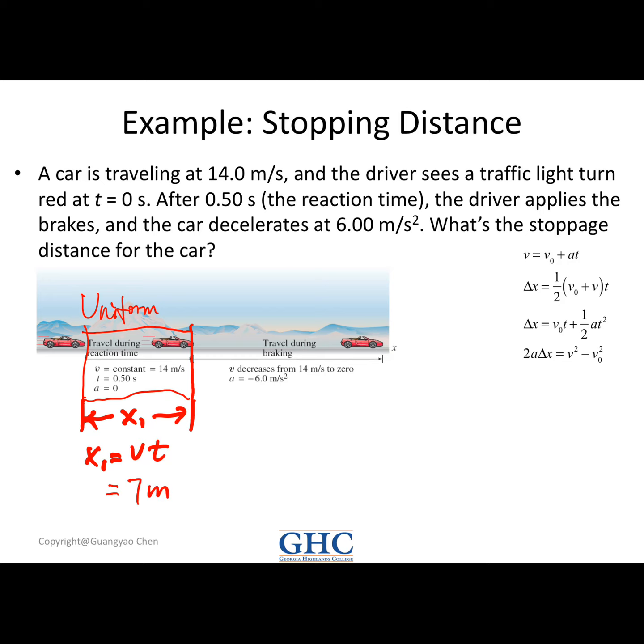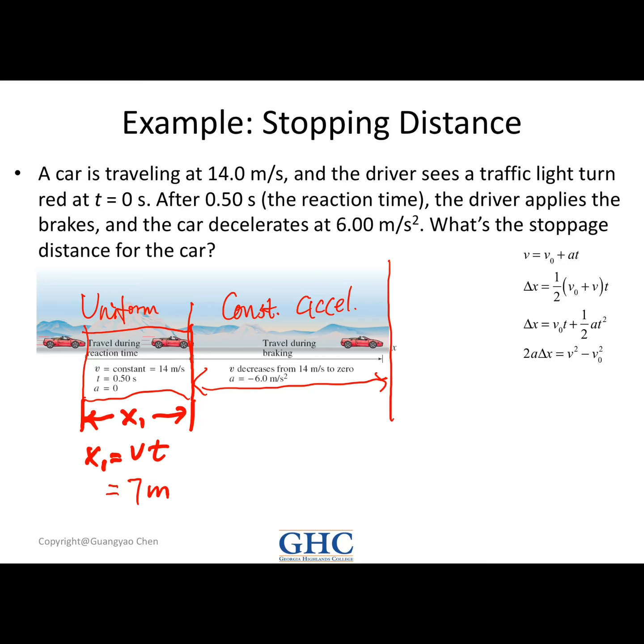And then after the driver brakes, this is constant acceleration motion. The acceleration is negative 6 meters per second squared. For this one, let's check what the known quantities are.